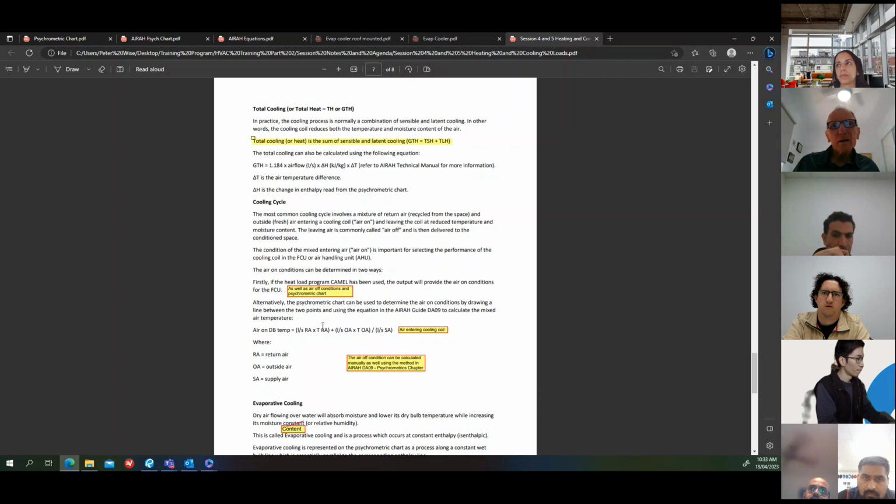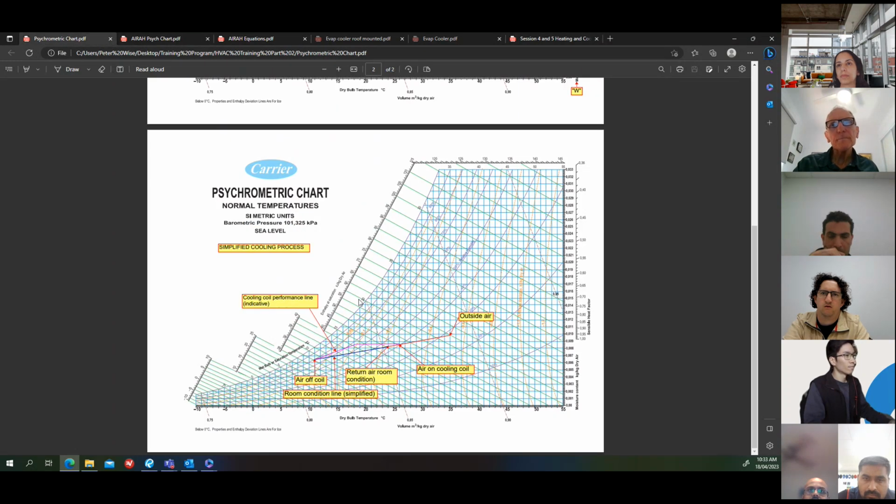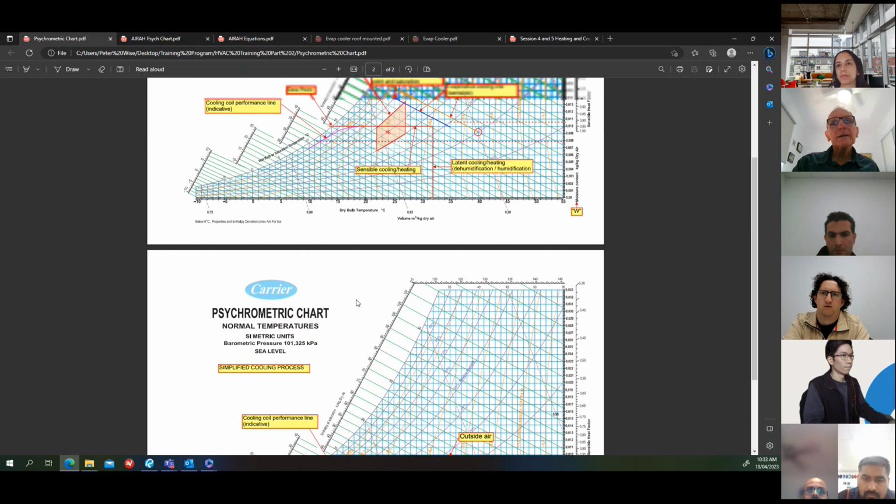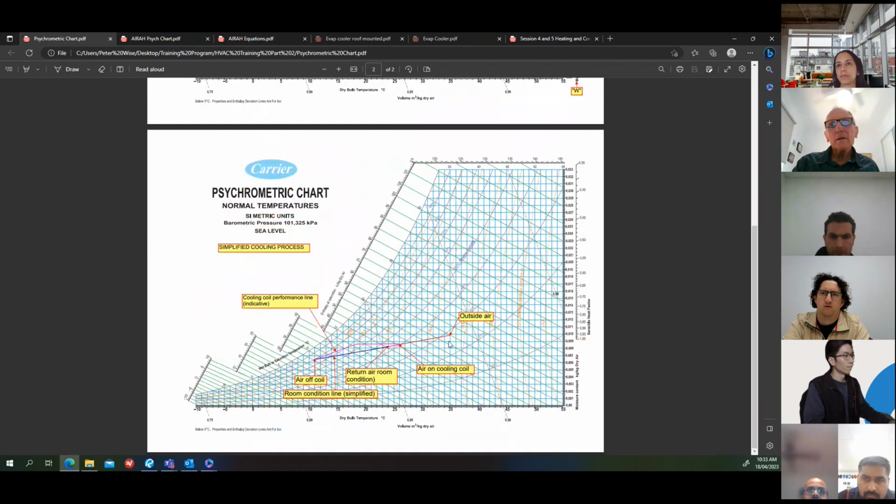Once again, without going into detail, we'll just have a look at this chart. Maybe I'll look at this one. There's probably a bit too much stuff on that one. This is where the sensible heat factor comes into it.